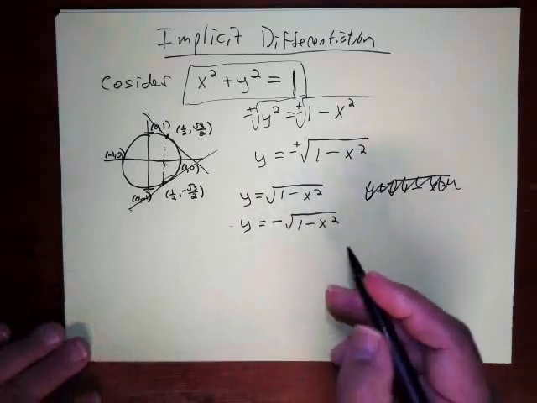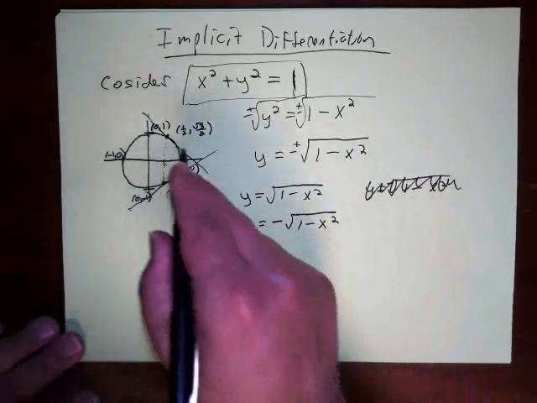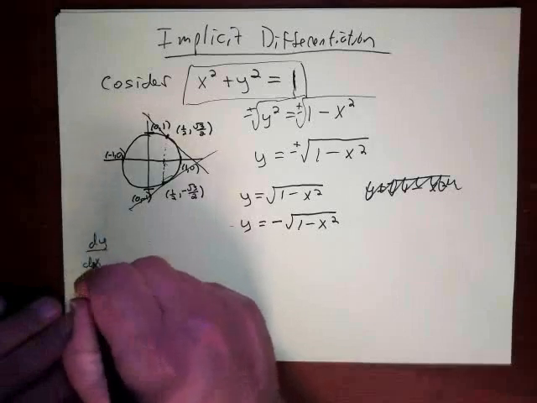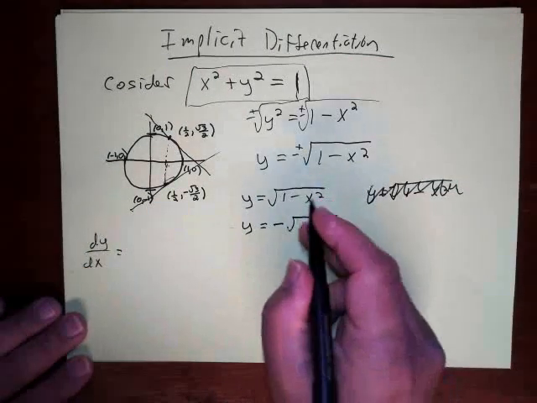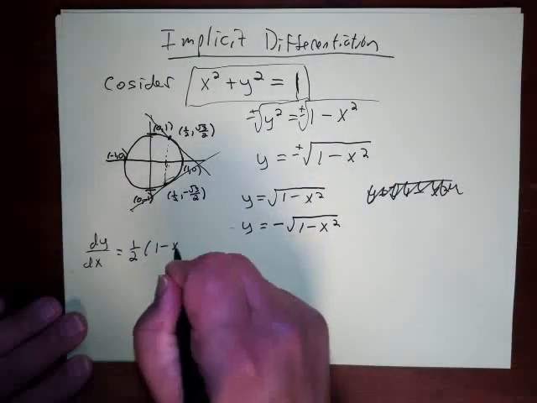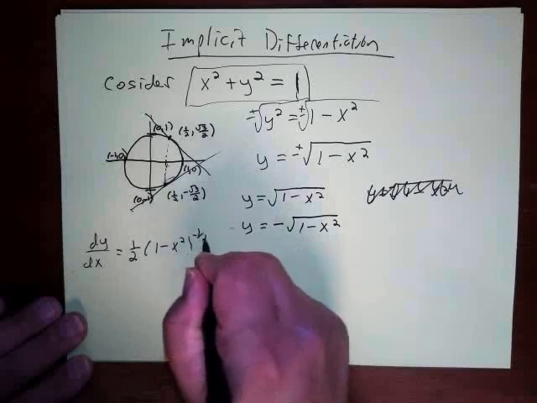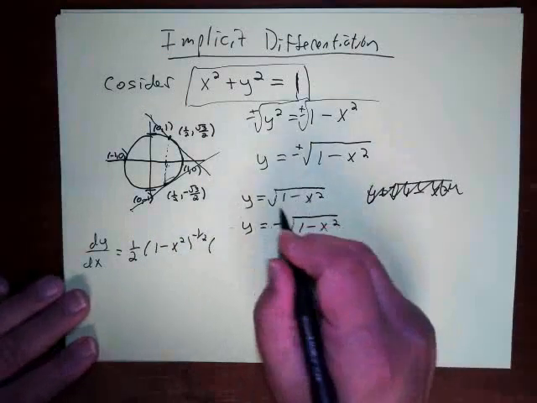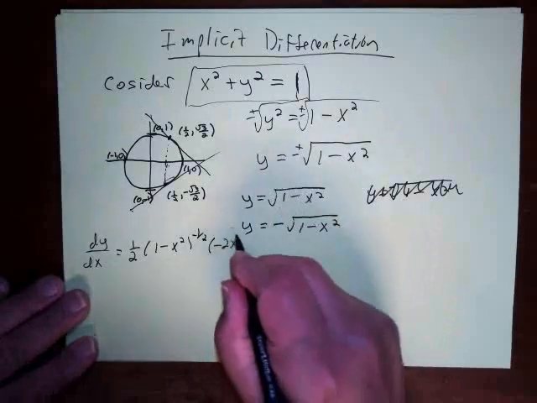Okay, so I'm going to do that first, and then I'll find the slope of the other tangent line using the other function. So the first one, I'm going to do dy dx, and take the derivative of this. So that'll be bringing down the 1/2, and I have 1 minus x squared to the negative 1/2, and then I have to multiply by the derivative of the inside function, which is negative 2x.